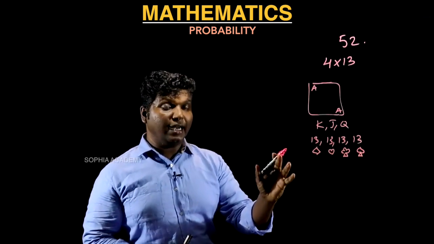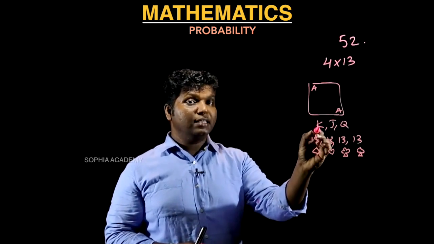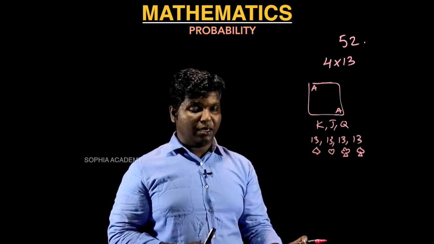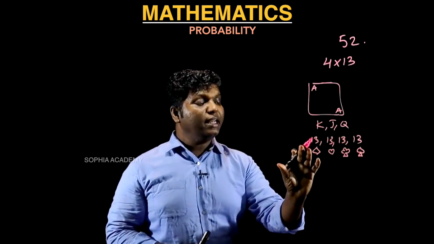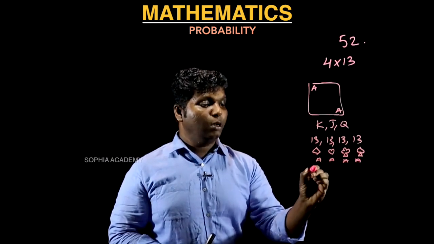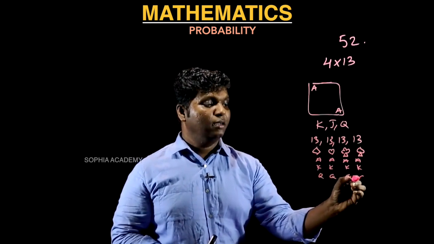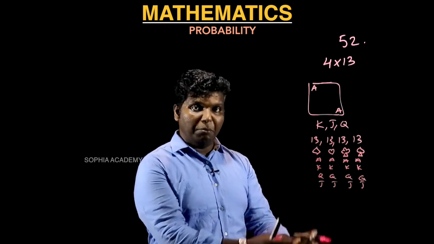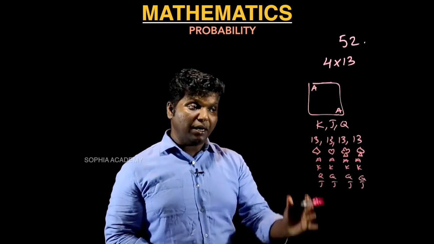So inside these 13 diamond cards, there is a king, a queen, a jack, an ace, and number cards. Inside each category also it is there. In each of these sets there will be one ace, one king, one queen, and one jack, and then the number cards 2, 3, 4, 5, 6, 7, 8, 9, 10.